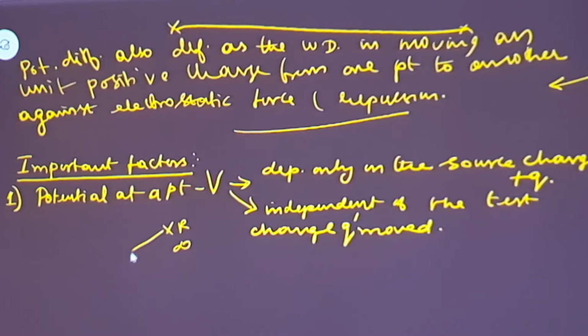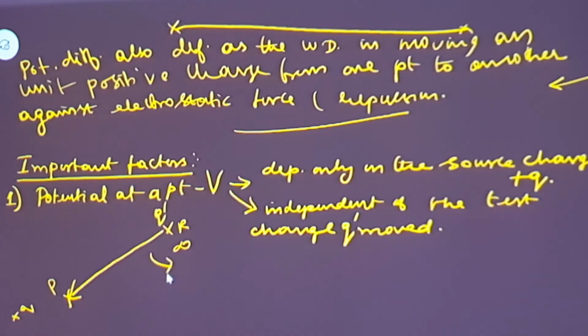From infinity, the charge is moved inside the electrical field to the point P. Somewhere here you will have the charge plus Q. So when I am taking this test charge Q dash from infinity to this point P, I am using an external force, because only then can this charge move. That external force should move this Q dash with a constant velocity, because it should not impart any kinetic energy to the test charge.